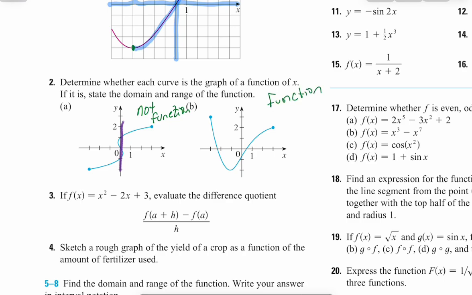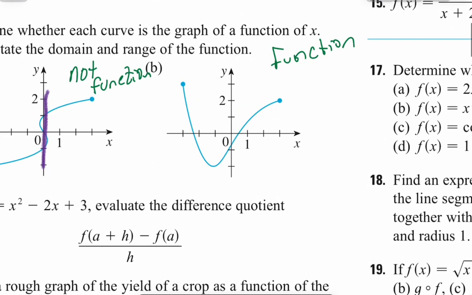And then they said, what's the domain and range? Our lowest value of x is -3 and it has a closed-in dot, and then +3 and it has a closed-in dot.